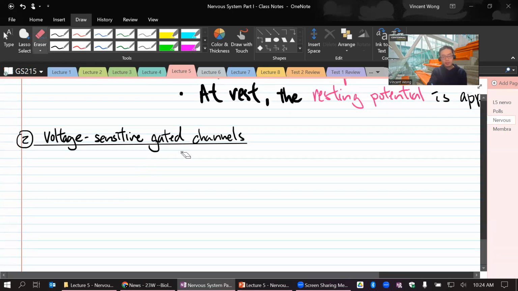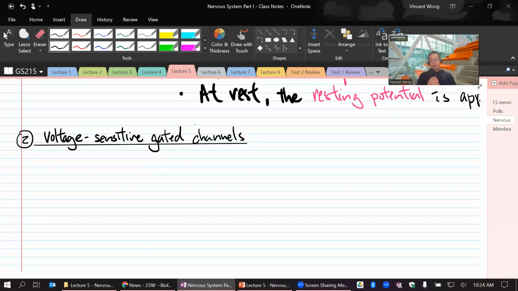So gated channels, you remember from, again, last semester, right? We talked about facilitated diffusion, where things pass through the membrane with the help of a membrane protein.